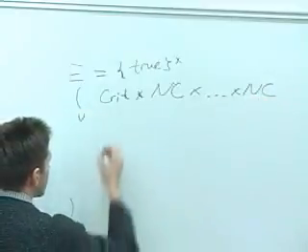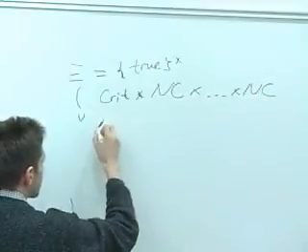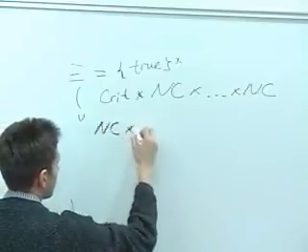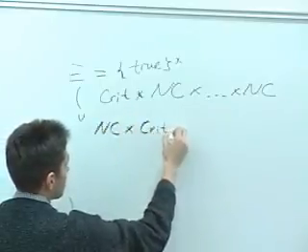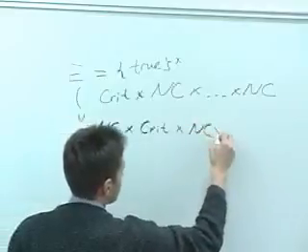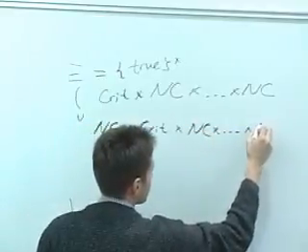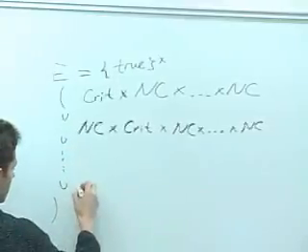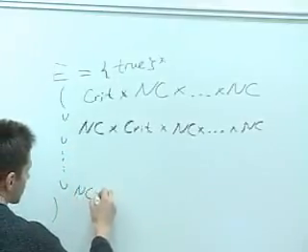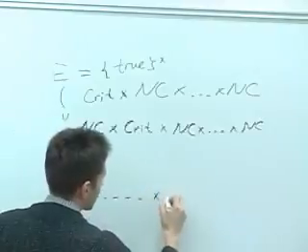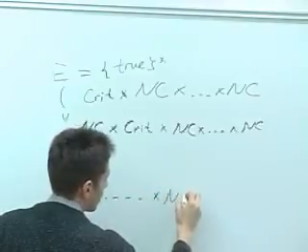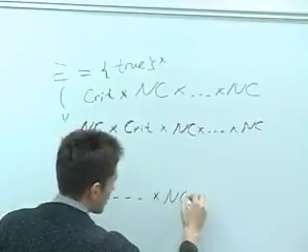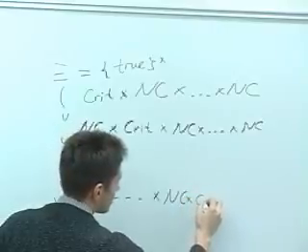Union something else: the first thread is not in its critical section, the second thread is in its critical section, and all the others are not in their critical sections. And so on. The last Cartesian product: the first thread is not in its critical section, the second thread is not in its critical section, the (n minus 1)st thread is not in its critical section, and the last thread is in its critical section.